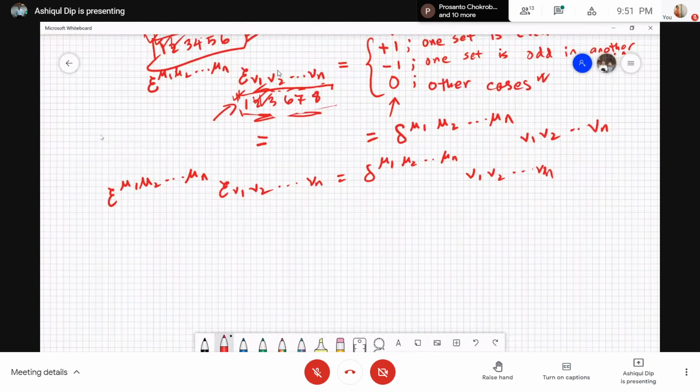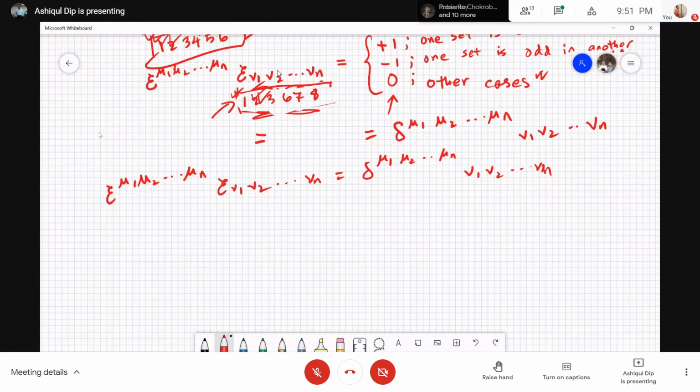Okay, let's check this out. So in three dimensions, you have E with two indices. So the possible E can be like this: E12, E23, and E31. These are the independent positive ones.